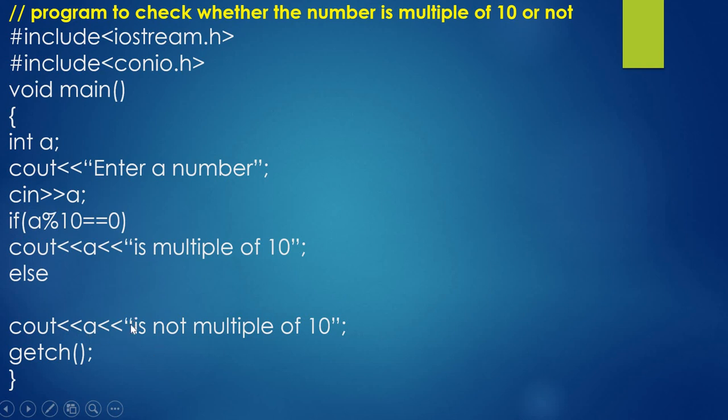Whatever is in the double quotes, it will print as it is. Here A has no double quotes, so it will print 25. Then inside the double quotes, is not a multiple of 10. So 25 is not a multiple of 10.